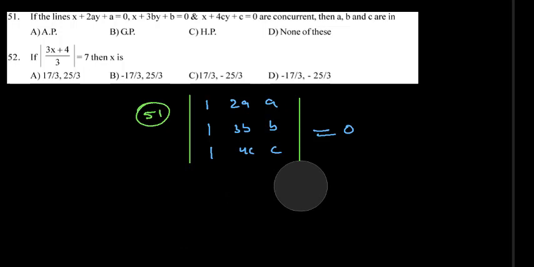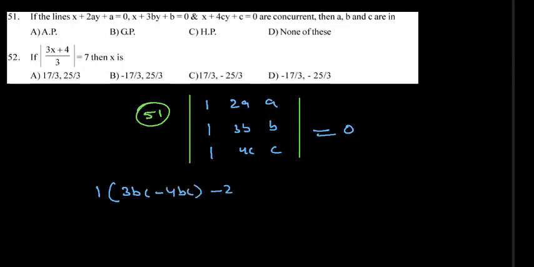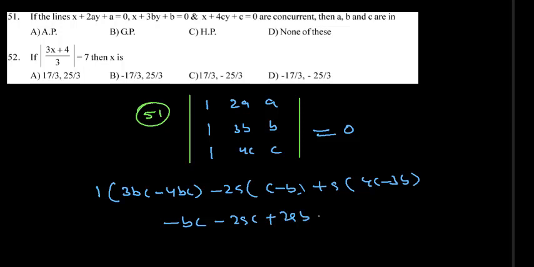One times of 3bc minus 4bc, minus 2a times of c minus 1, plus a times of 4c minus 3b. 3bc minus 4bc, minus 2ac plus 2ab plus 4ac minus 3ab.